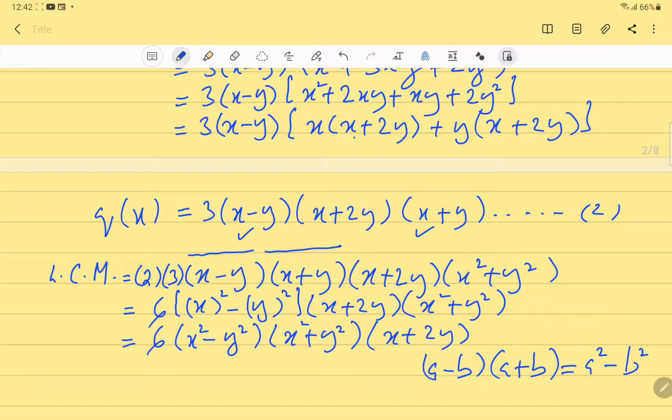Again we will apply the same formula over here. It will become 6 into square of x squared minus square of y squared.